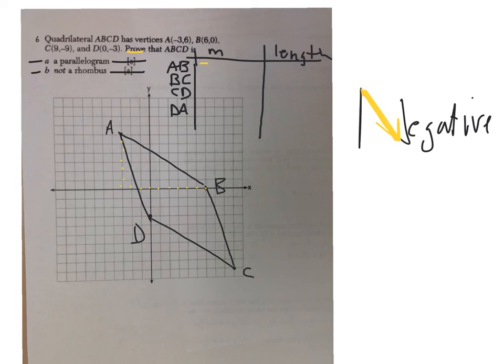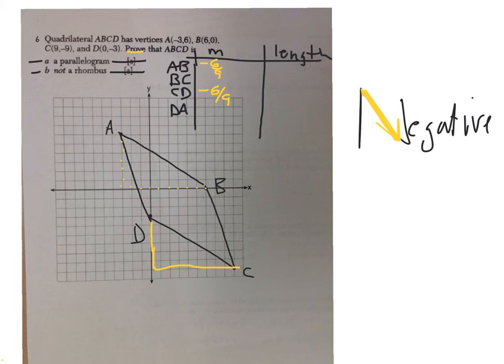So down 6 over 9. If I follow the same pattern for DC, I'd see that CD or DC is also down 6 over 9, while the other sides, AD and BC, also have a negative slope.